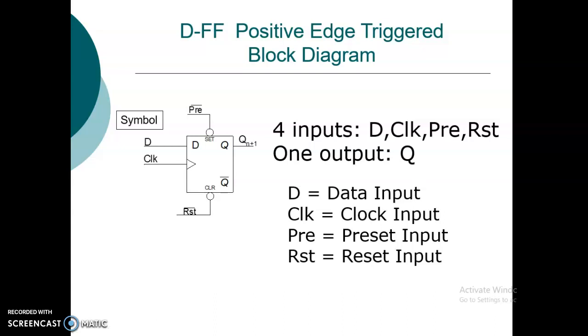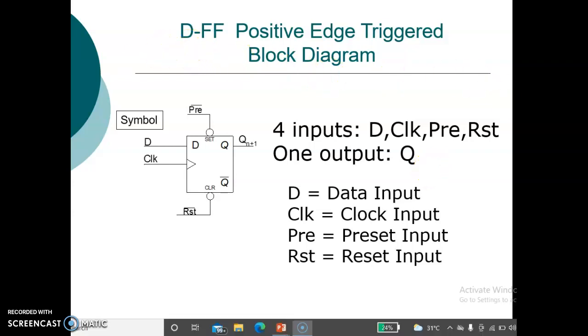D FF, positive edge triggered block diagram. First edge, block diagram. There are 4 inputs: 1, 2, 3, 4.